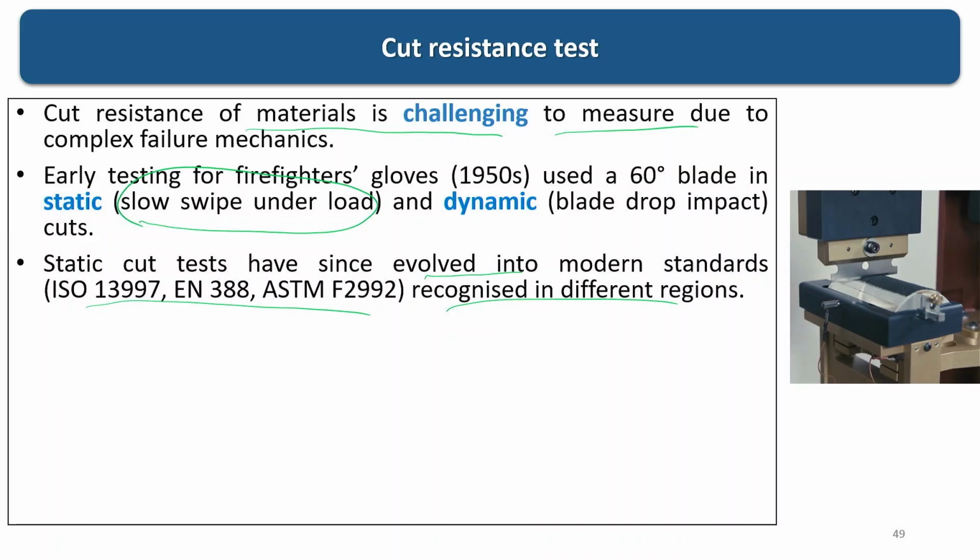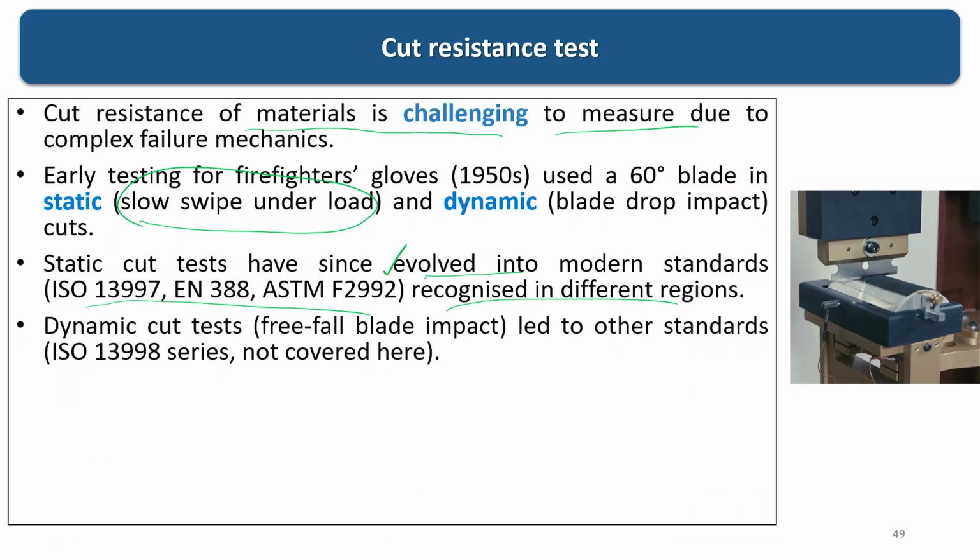EN is basically the European standard, ASTM is what people use in the US, and ISO is also used in Europe.